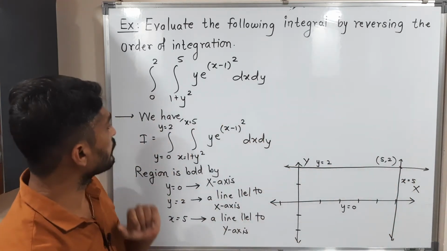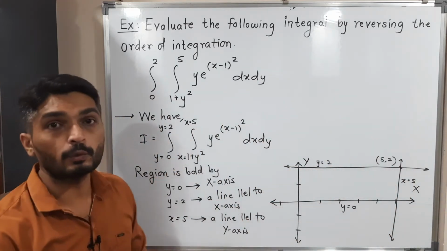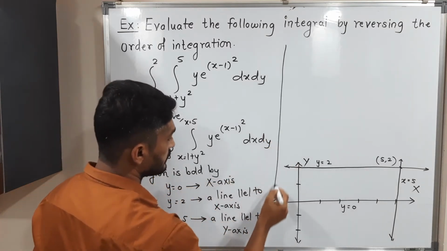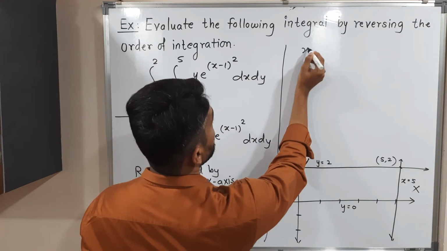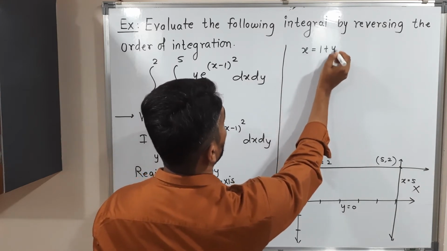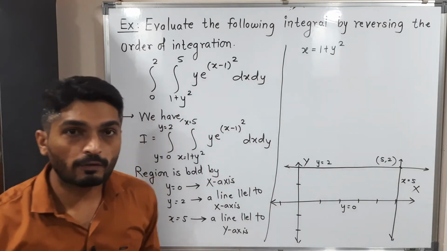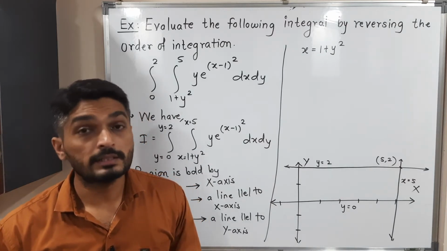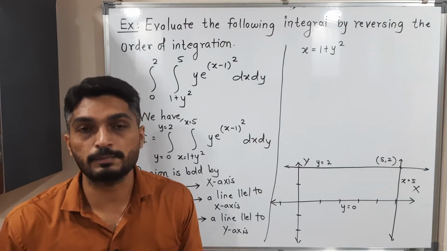Let us go further. One more curve we have, that is x is equal to 1 plus y square. The power of x is 1 and the power of y is 2, so 100% it is a parabola symmetric about the x-axis since x has power 1.